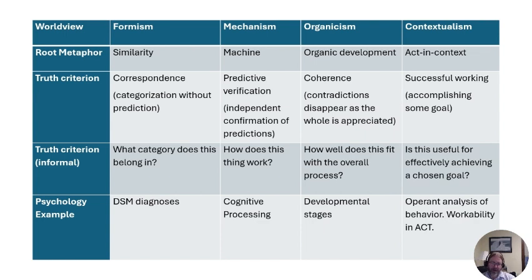For some folks that might be workable behavior, and for others not so much. So we use this idea of really specifying what it is that we're going after, and then really measuring, being interested in all those things that are useful for effectively achieving or failing to achieve that goal. And that, very briefly, is what the game is in pragmatism, or as we would call it here, contextualism.